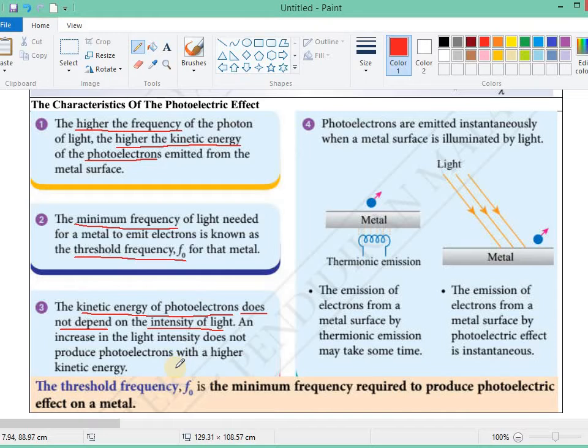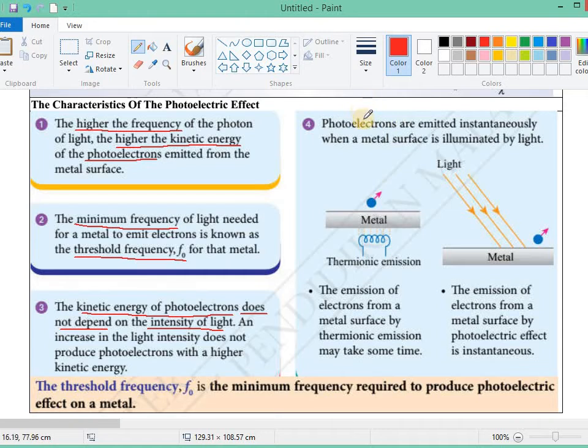So if the light is brighter, it can produce more photoelectrons, but the photoelectrons produced will not have higher kinetic energy. The kinetic energy of the photoelectron depends on the frequency. That means only if the frequency of light is higher will the kinetic energy of the photoelectron be higher.